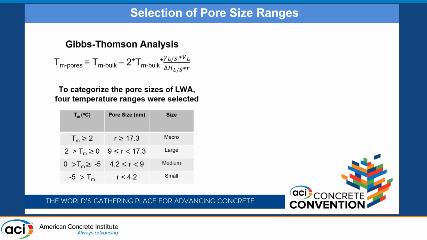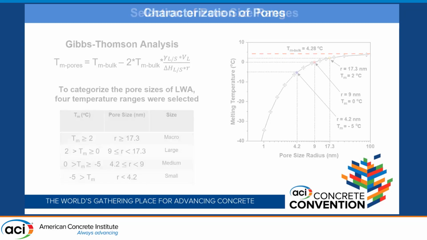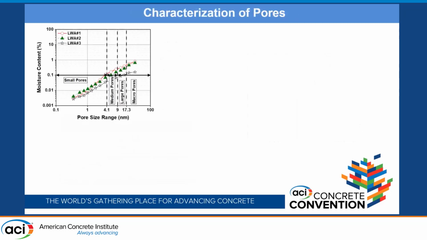Then we have large, which is ranging from 9 to 17.3 nanometers. We have medium, which is ranging between 4.2 to 9 nanometers. And then we have small pores, which are smaller than 4.2 nanometers. This is a graph which was developed using this equation.